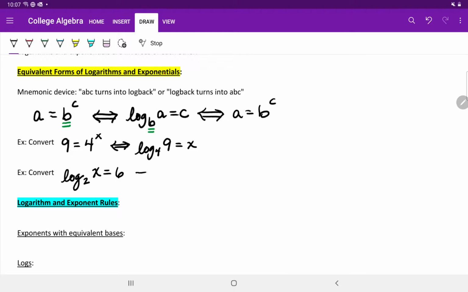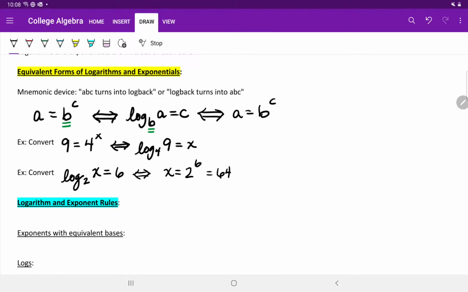We could convert it into an exponential. x is our a value, so x equals 2 to the 6th. And so you could then solve for x by simply multiplying 2 together 6 times. So x would be 64.